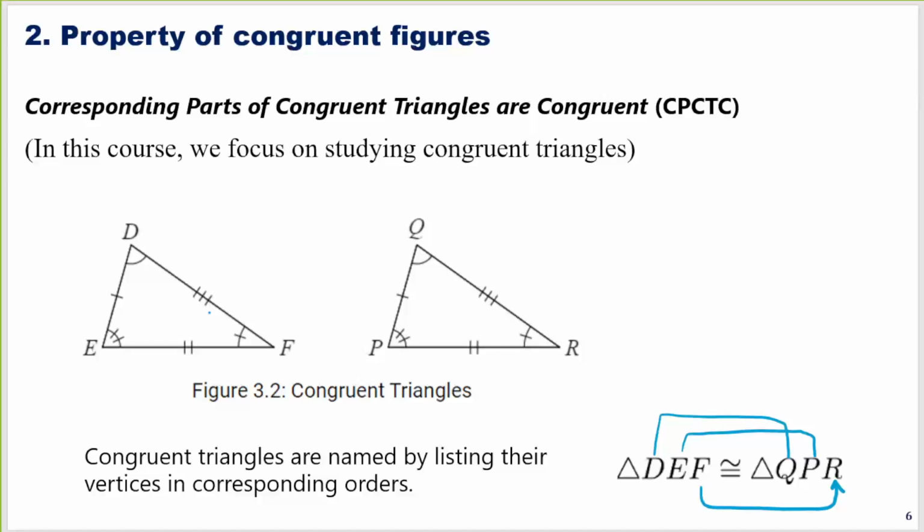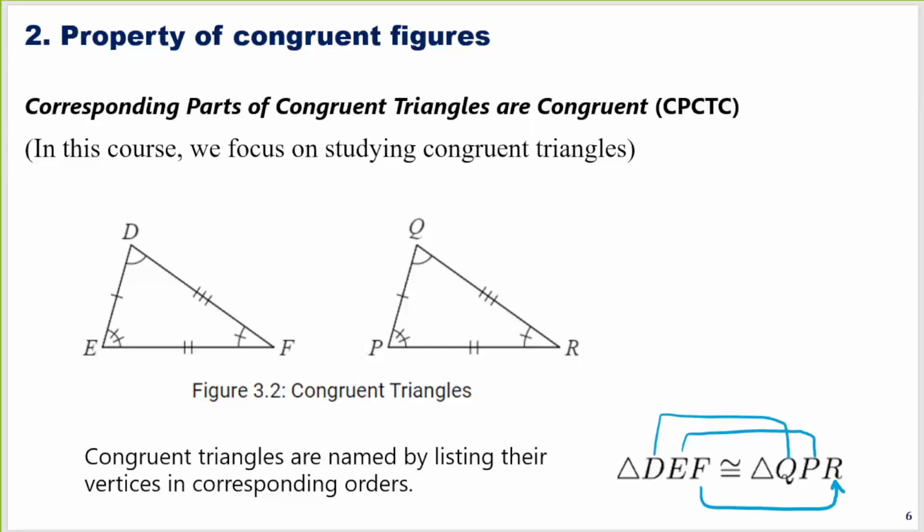Usually, we'll list each of the congruent triangles in this way, and then you can see which point is congruent with the other point, right? Any questions? Again, the property is pretty straightforward, right? Corresponding parts of congruent triangles are also congruent, CPCTC.